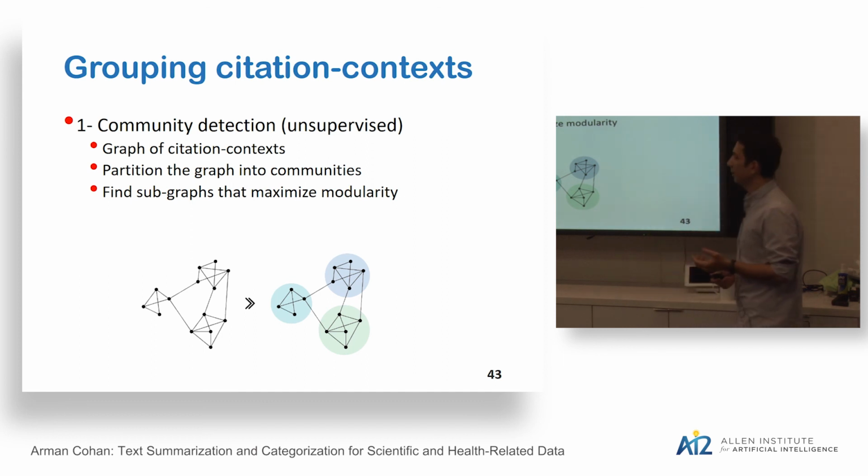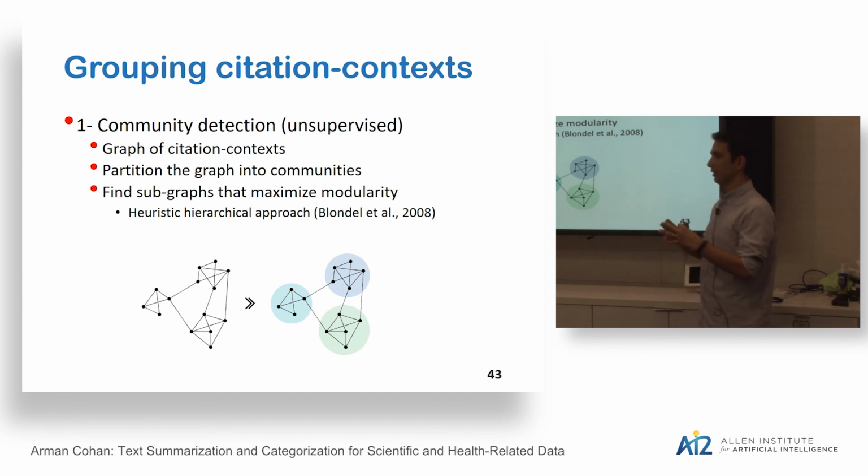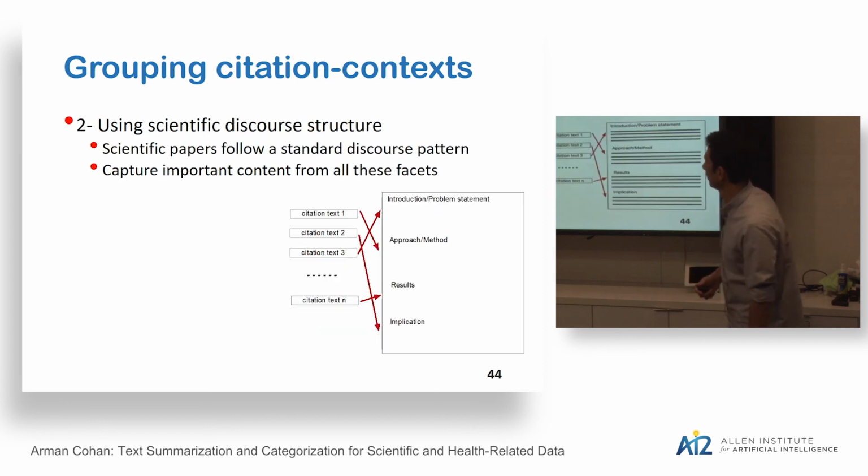This can be captured by using a quantity called modularity. And we can do this by using a hierarchical bottom-up approach by maximizing this modularity. This results in subgraphs that are densely connected within themselves, but not to other subgraphs. And the goal is to put similar citation contexts in similar groups.